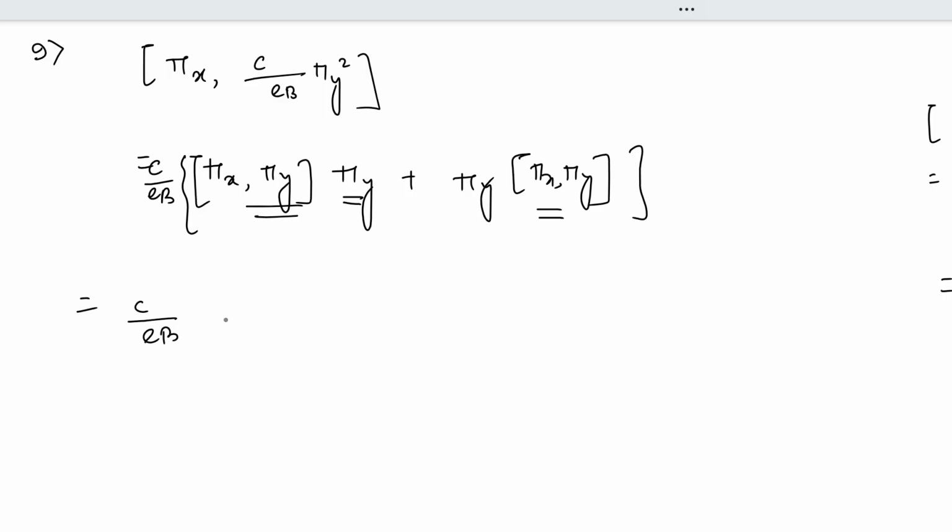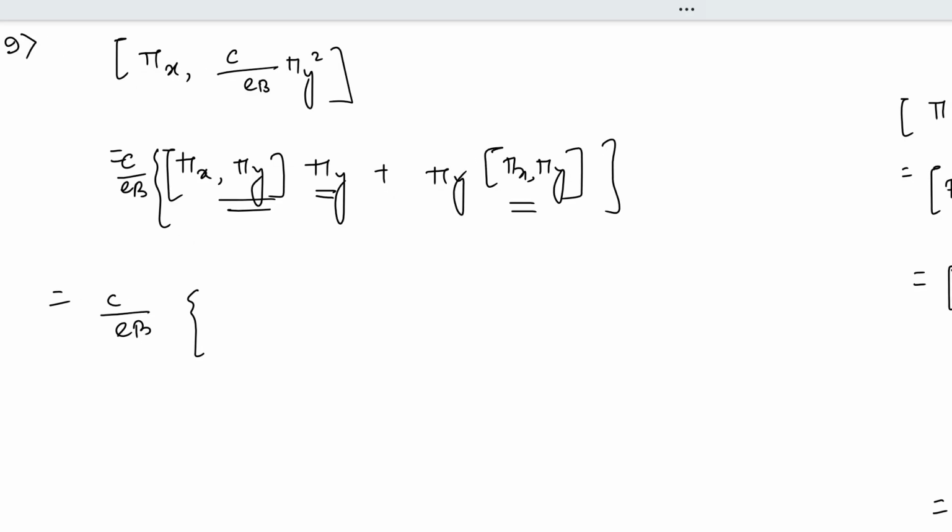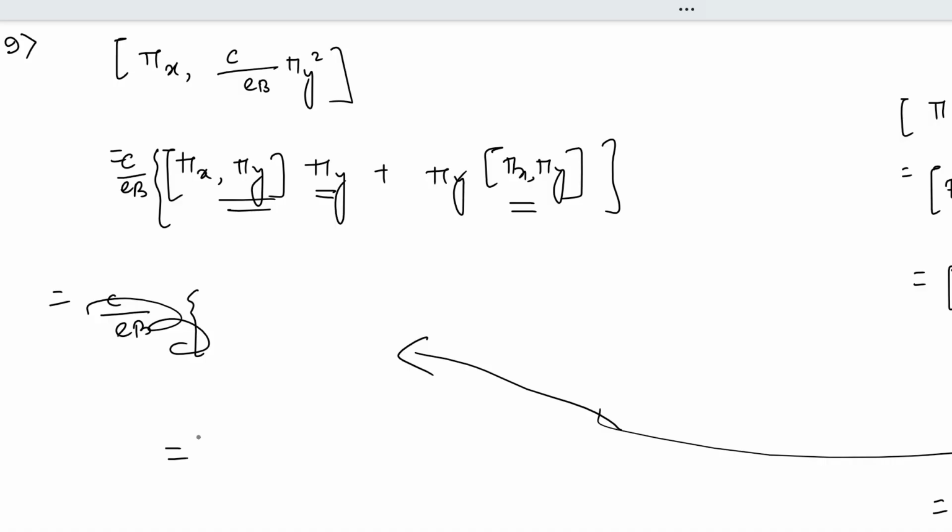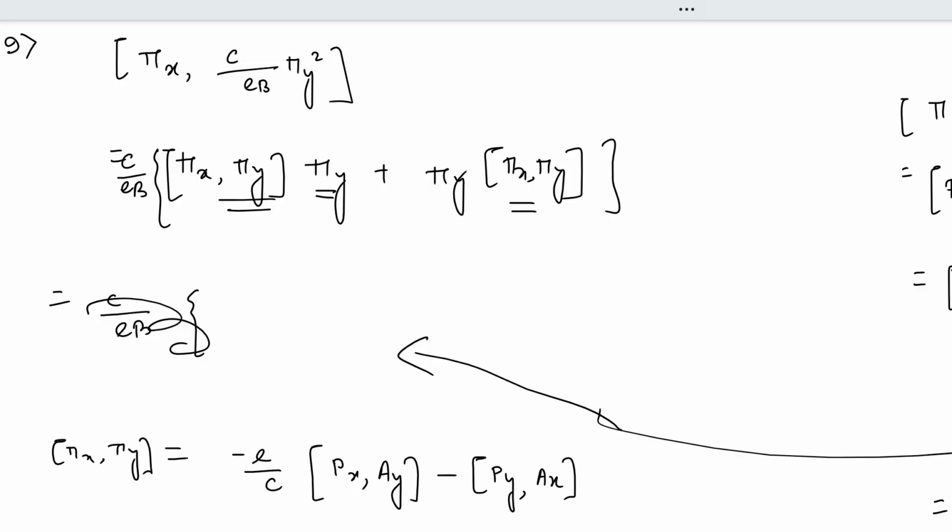Okay, so instead of this I think it would have been better to write it like this: pi x pi y, if you represent it from here instead of breaking it up further, if you take it up from here, then you have pi x pi y is equal to minus e by c minus, because here I have changed the sequence, so there is an additional minus sign here.